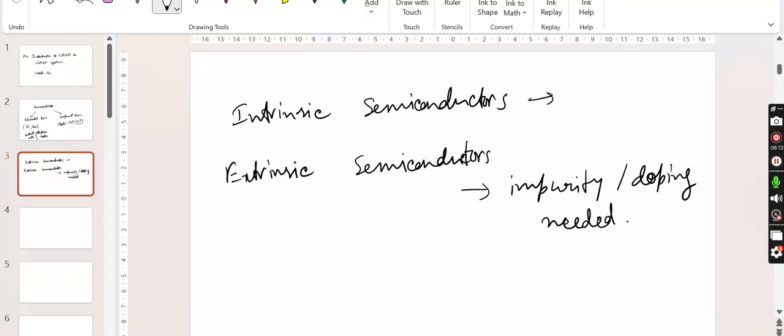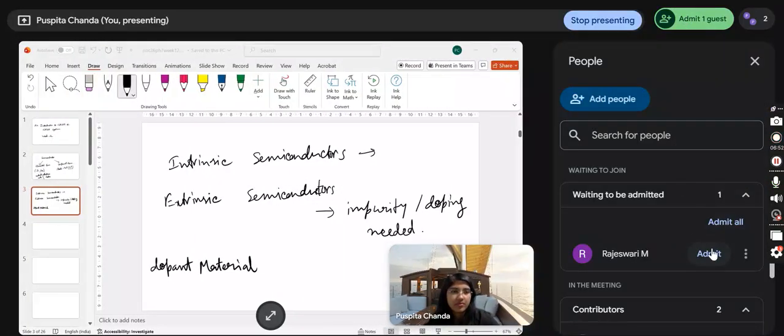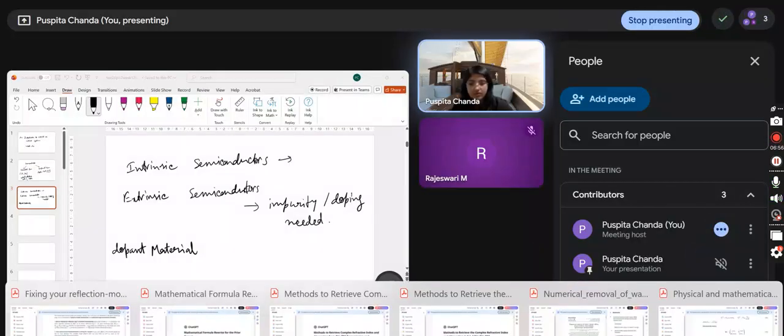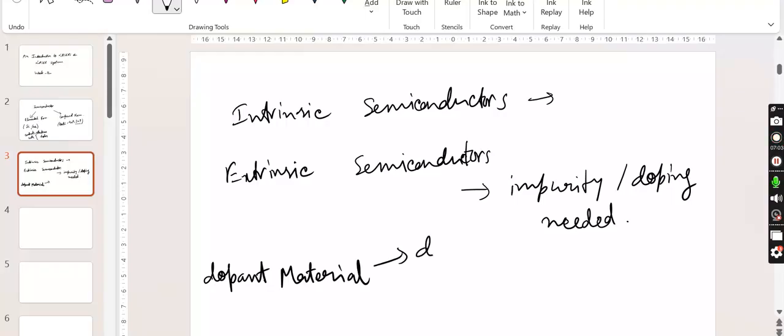When it is an acceptor, it is actually a P-type semiconductor.